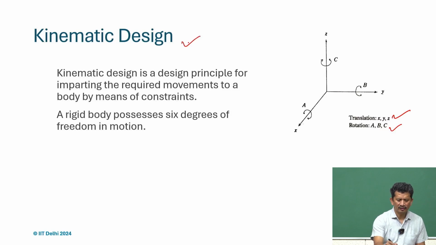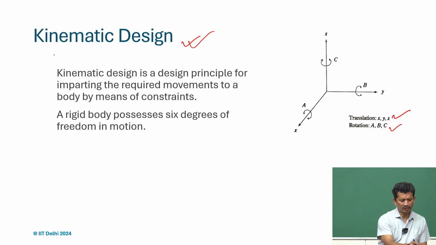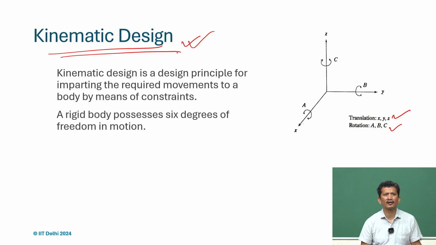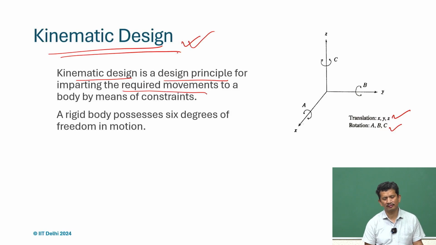And if we understand degree of freedom and constraint, then we can talk about kinematic design. What it says is, the design principle for imparting the required movements to a body by means of constraints. Yes, there are 6 degrees of freedom, but the requirement might be for 1 or 2 or 3 or 4, maybe up to 6 also. And how we place the constraints is very important.